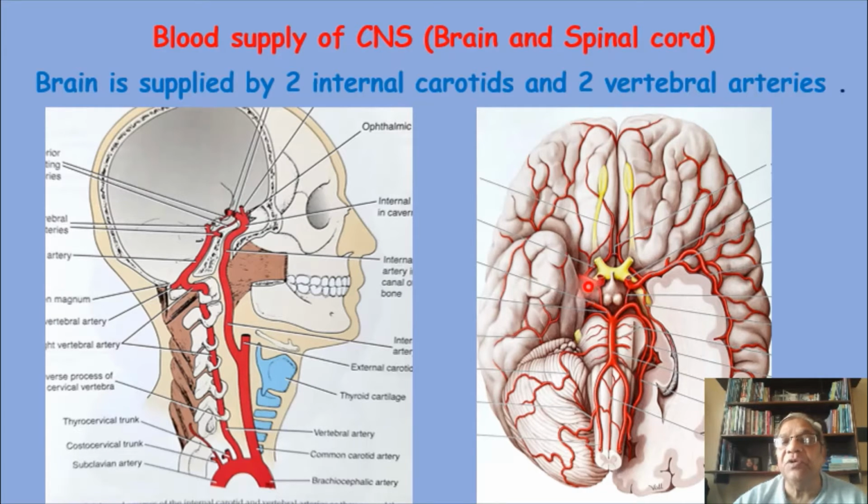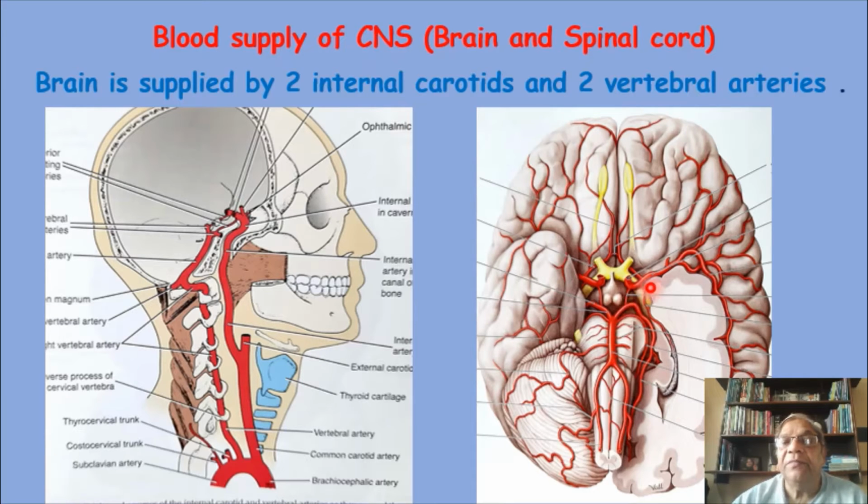Now there is a communication between the internal carotid artery and the posterior cerebral artery with the help of a connecting link of anastomotic arteries, which is called the posterior communicating artery.